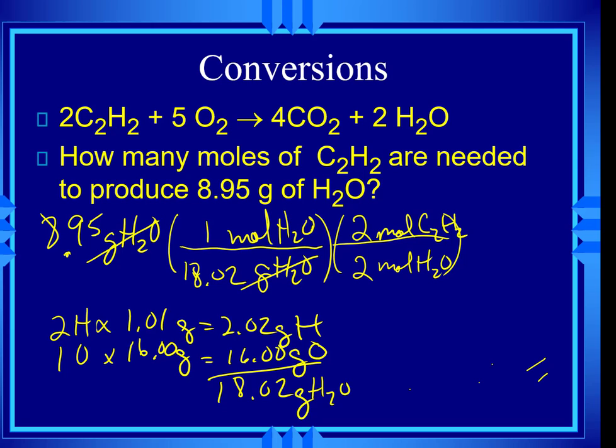And the number in front of C2H2 in my balanced equation is a 2. The number in front of H2O was a 2. And now I got rid of moles of H2O and I've got the units they asked for, so I stop. I could have gone to grams, but they didn't ask me for grams. So I can stop right there and just push buttons.